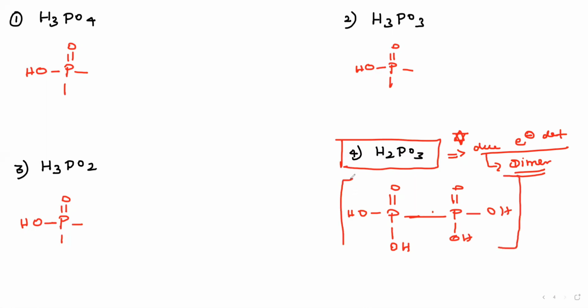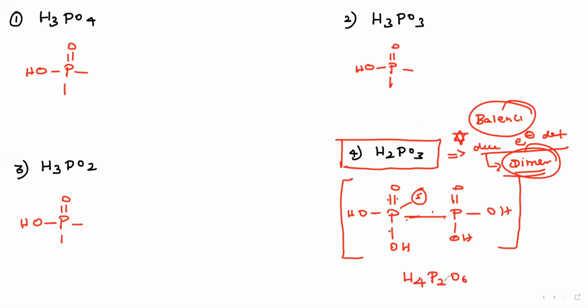Please understand. Now check the formula: 1, 2, 3, 4, 5, now it is pentavalent, right? Now this also has 1, 2, 3, 4. Due to balancing the pentavalency, the molecule exists in dimer form. The formula here is H4P2O6. Very important.